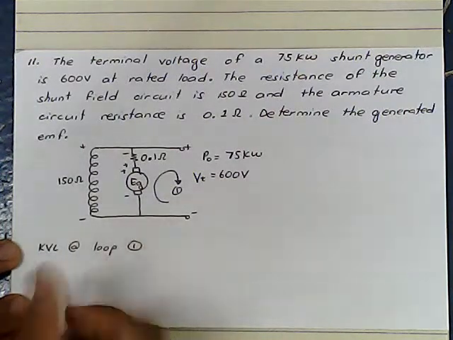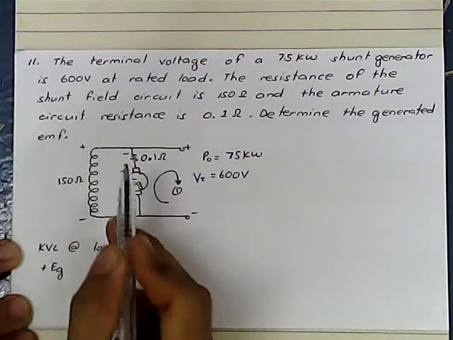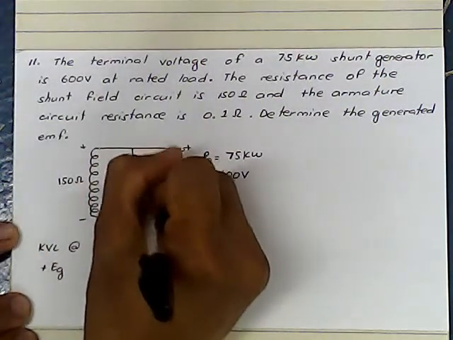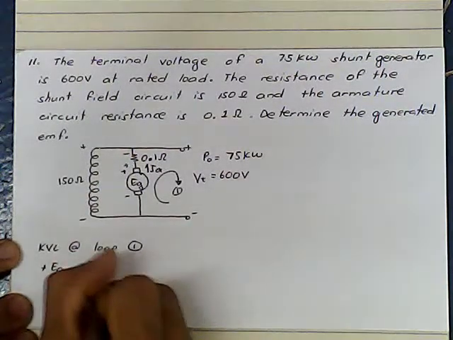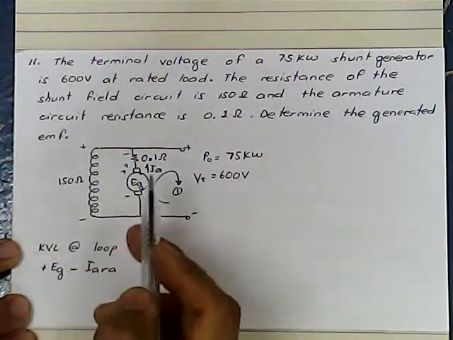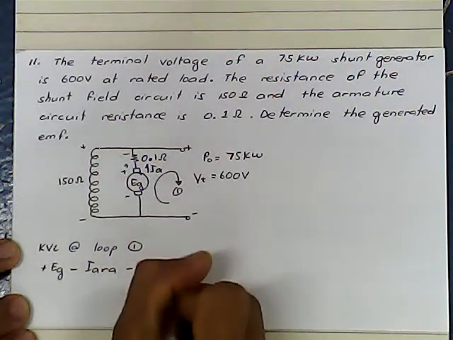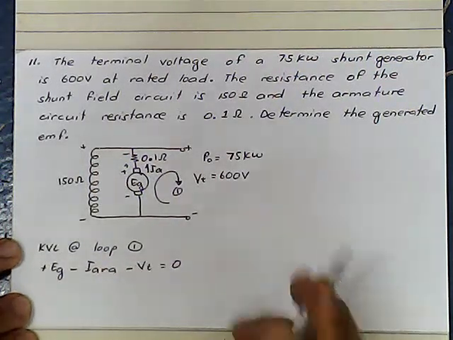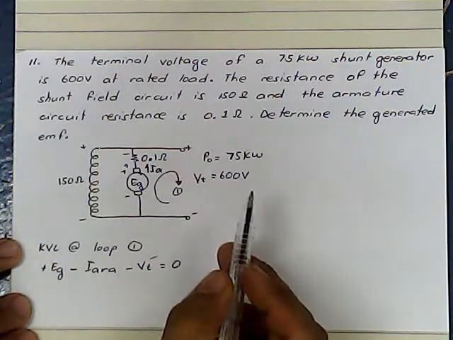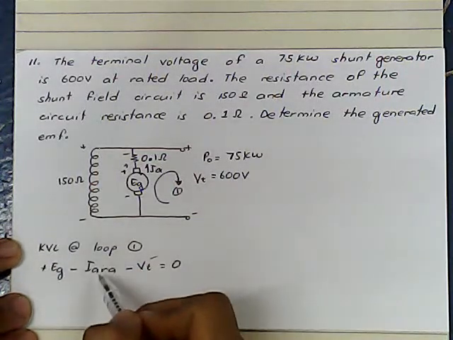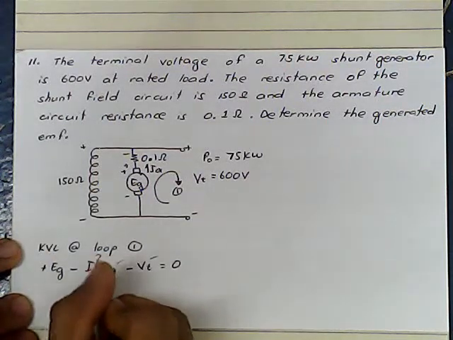Again, that is positive EG minus IARA, then next minus VT is equal to 0. Ngayon, yung terminal voltage natin is already given. Yung IA natin, wala pa ito. So, RA is meron. So, ibig sabihin, kukunin natin yung ating IA.